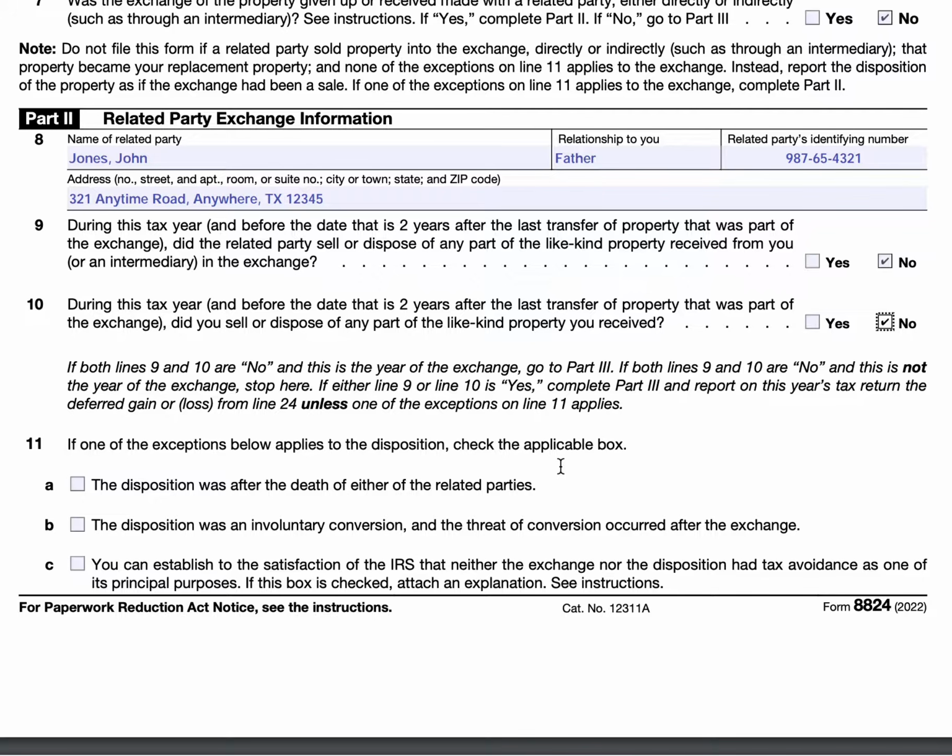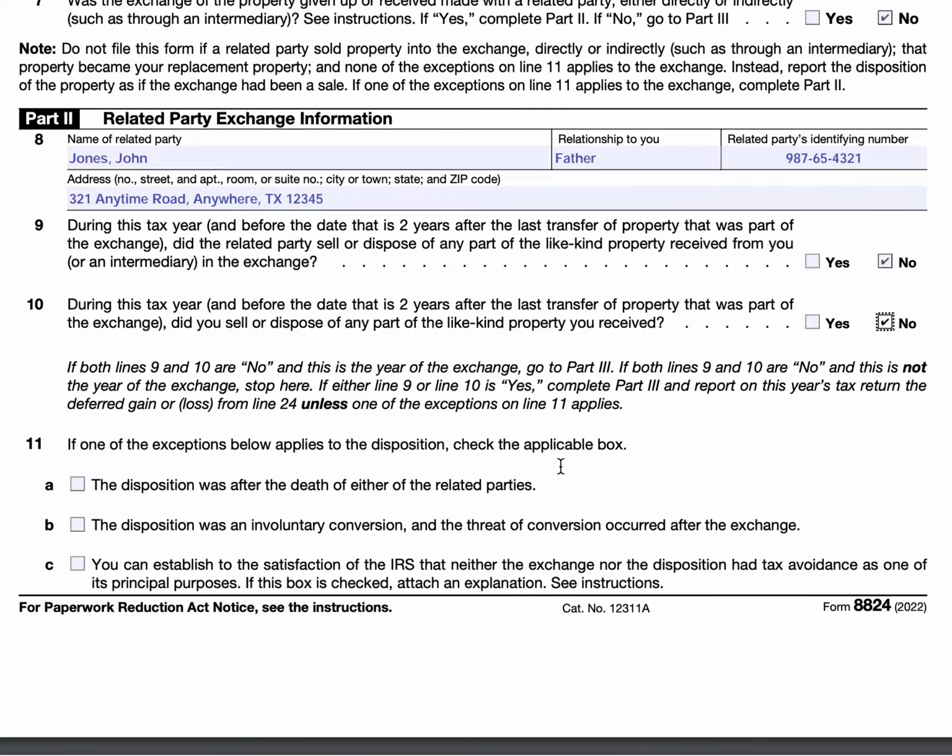So again, the IRS always takes a position that tax avoidance shouldn't be the primary reason for constructing a transaction, right?